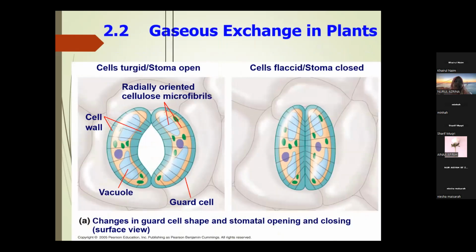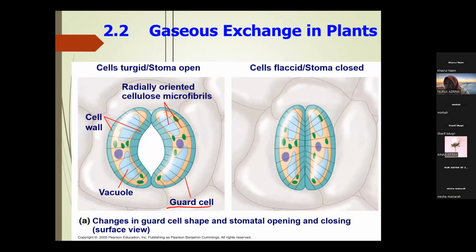So these are two different conditions of stoma, when the stoma is open and when the stoma is closed. Before we explore more, I want you to focus on these three main features of the guard cell.